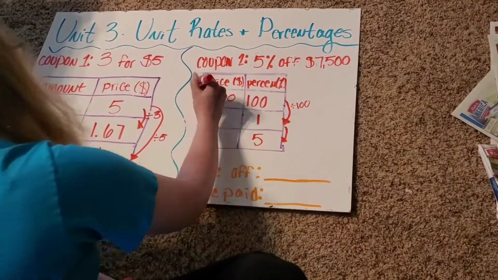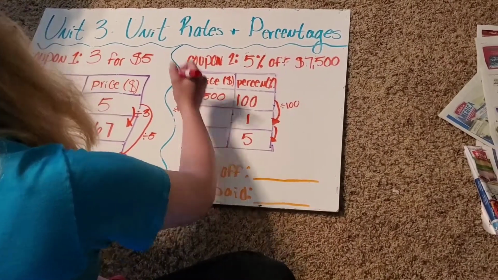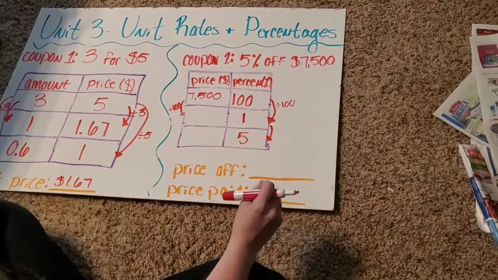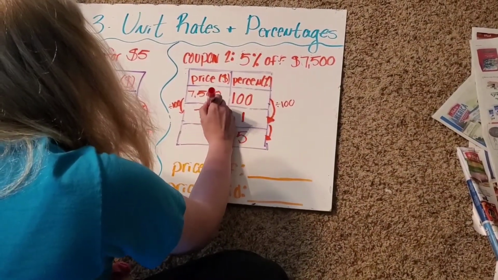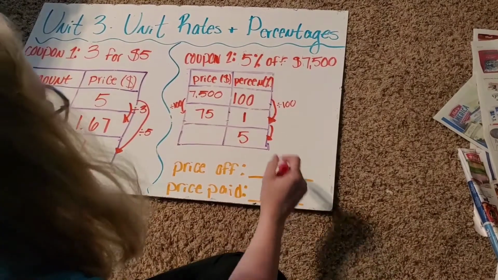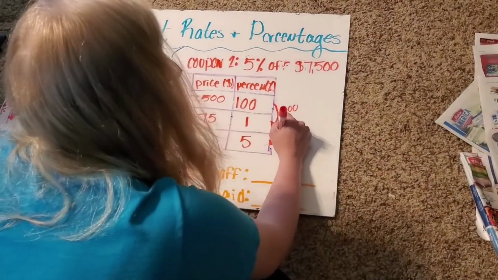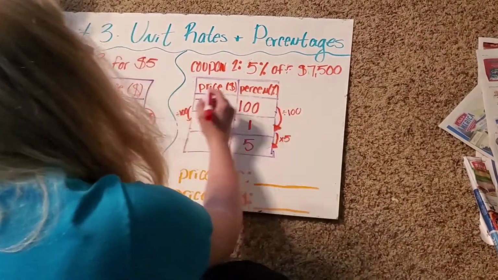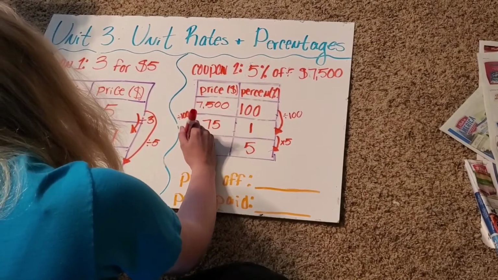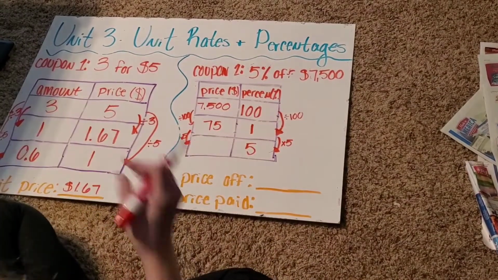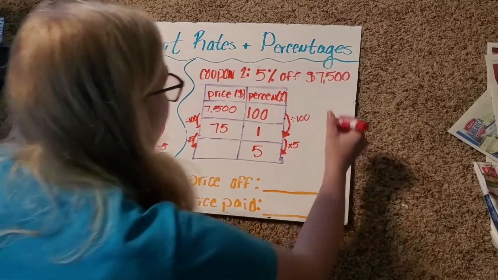So then I need to do the same exact thing to this side. 7,500 divided by 100 is actually just 75. And now, to go from 1 back up to 5, 1 times 5 will give me the correct number. So 75 times 5 will give me 5% of 7,500.